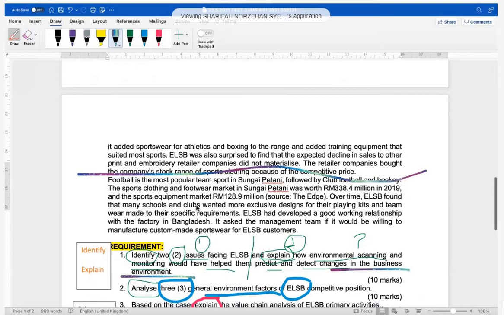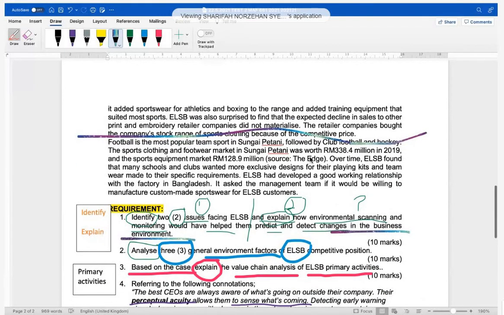ELSB was surprised to find that the expected decline in sales to other print and embroidery retail companies did not materialize. The retailer companies bought the company's stock range of the sports clothing because of the competitive price.